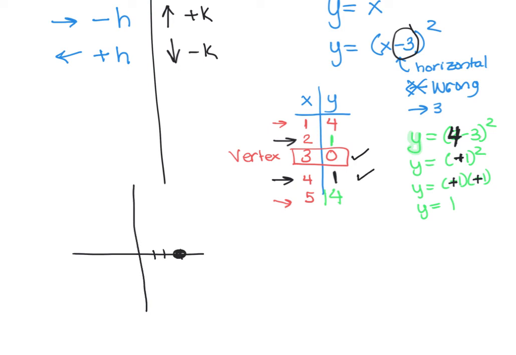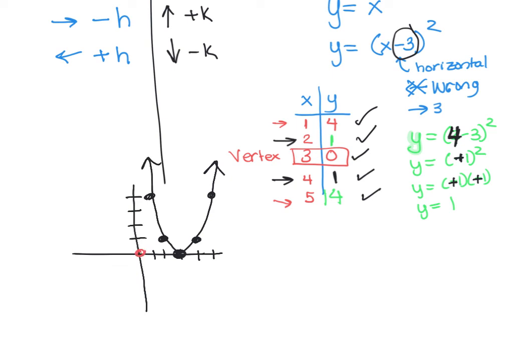I'm going to plot my point 4, 1. I'm going to plot my point 5, 4. There's the right-hand side. I'm going to plot my point 2, 1. I'm going to plot my point 1, 4. And there's my left-hand side.